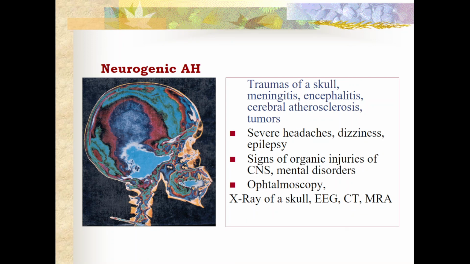The clinical signs and manifestations are characterized by severe headache, dizziness, epilepsy attacks, signs of organic injuries of the CNS and mental disorders. Ophthalmoscopy helps us for verification of diagnosis, and instrumental methods such as X-ray, CT, electroencephalography, MRA.